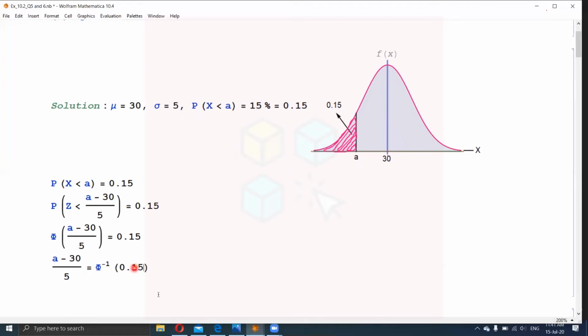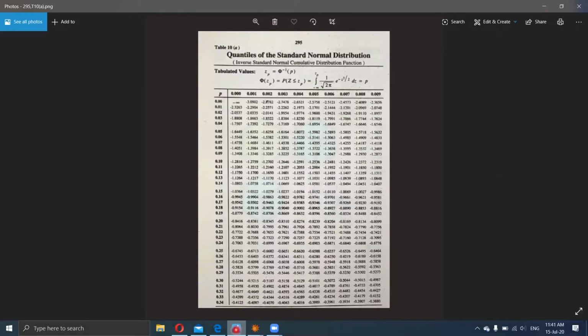For phi inverse, we will have table 10a. Using this table, look in the column under the probability p, 0.15, and under the 0, its value is minus 1.0364.